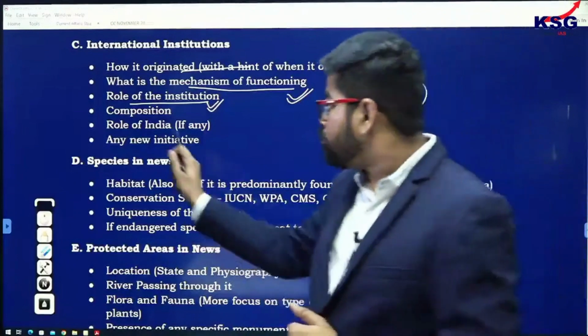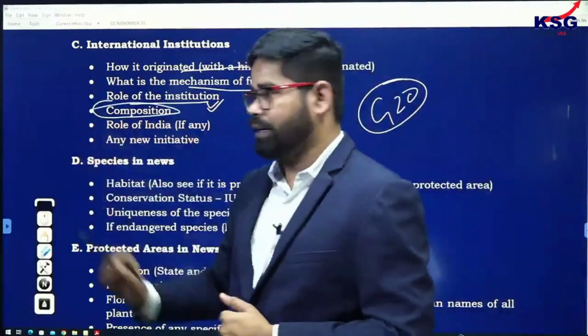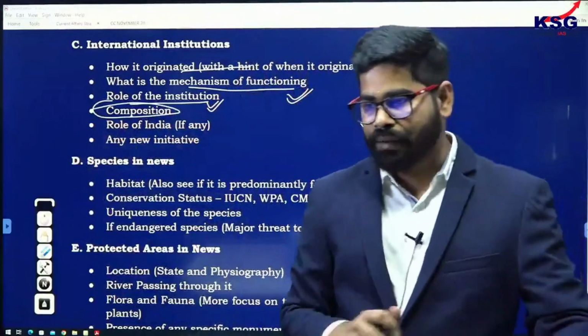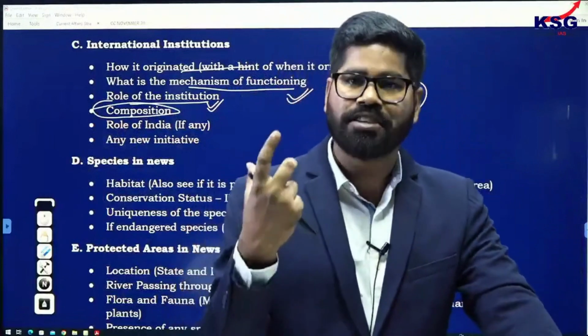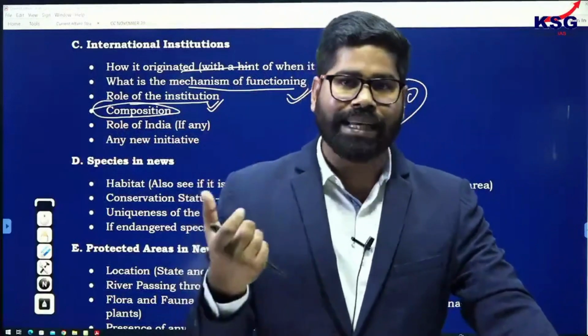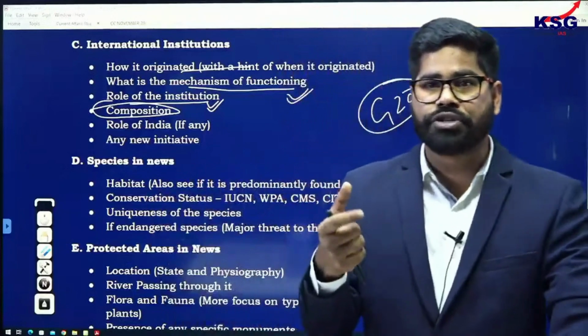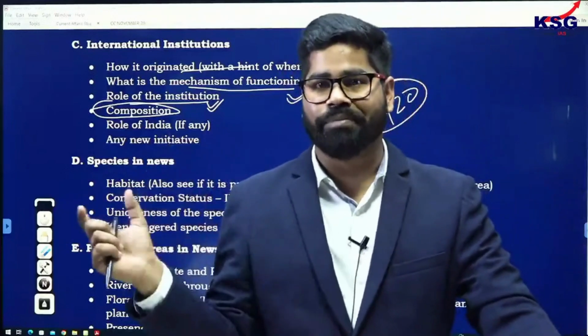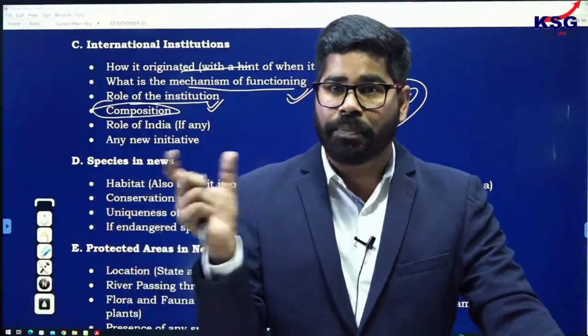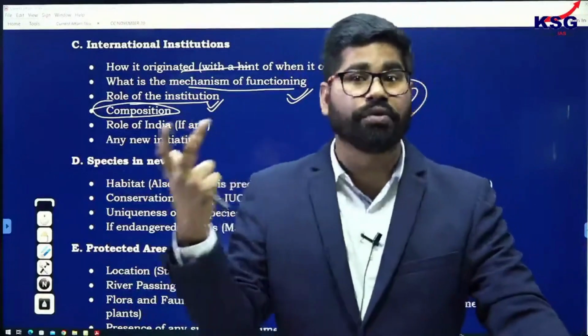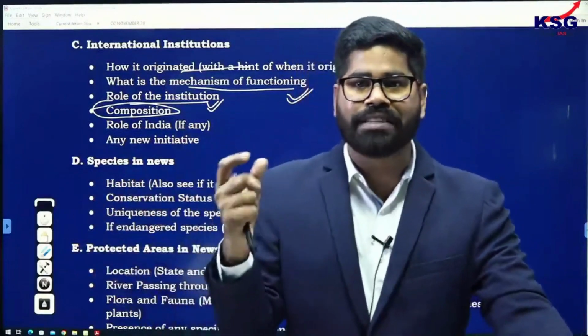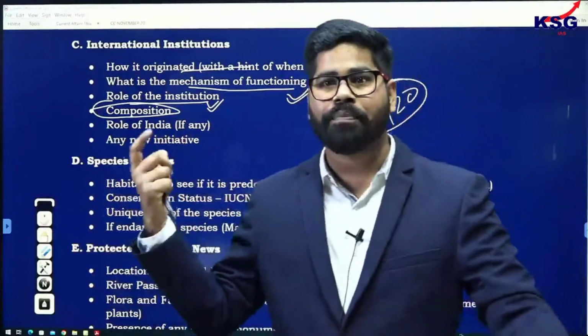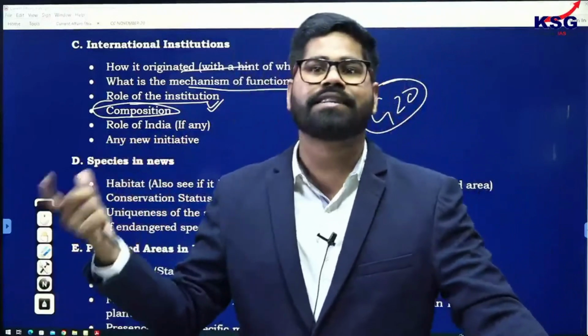Then composition, that is also a thing. Sometimes you will find that in some international institutions only countries are members. The membership is limited to just sovereign countries. But in some cases, even NGOs and different businesses are parties.